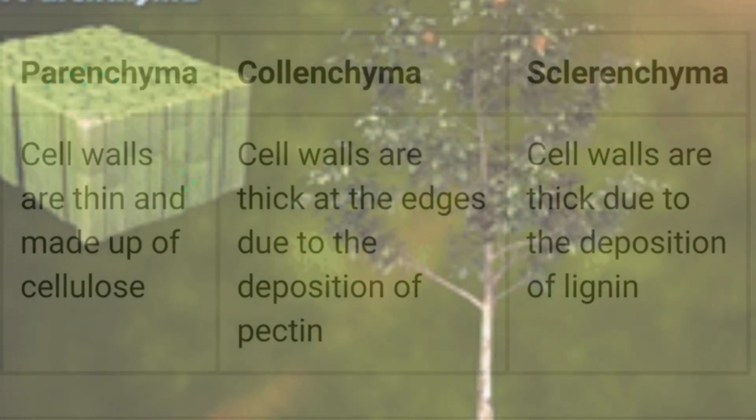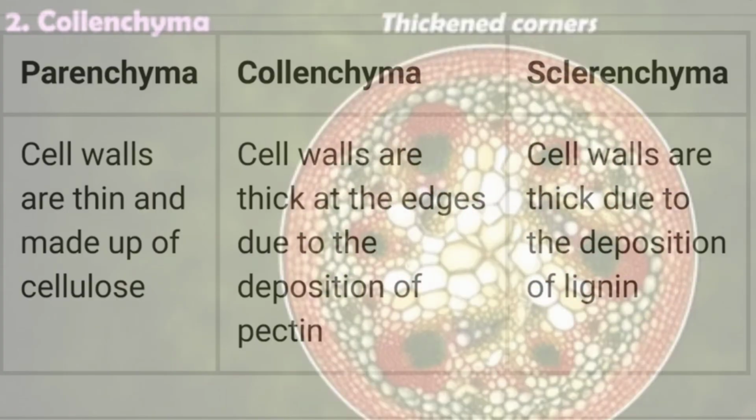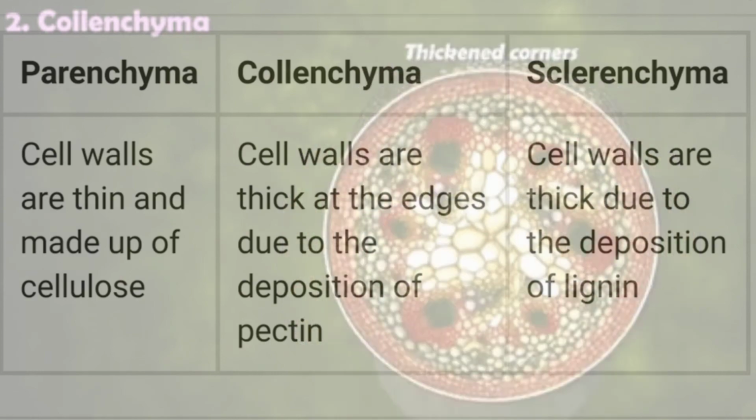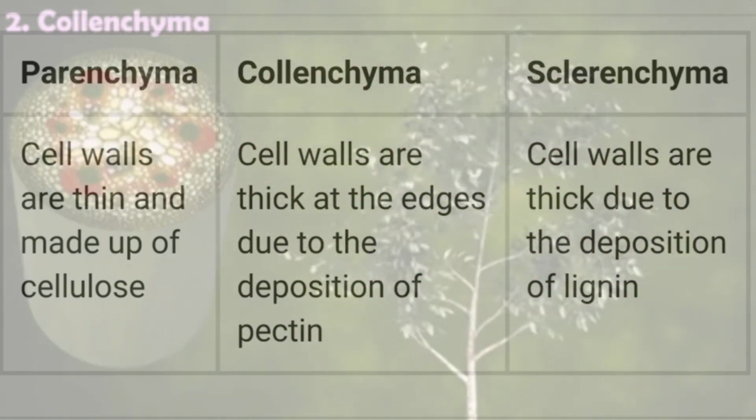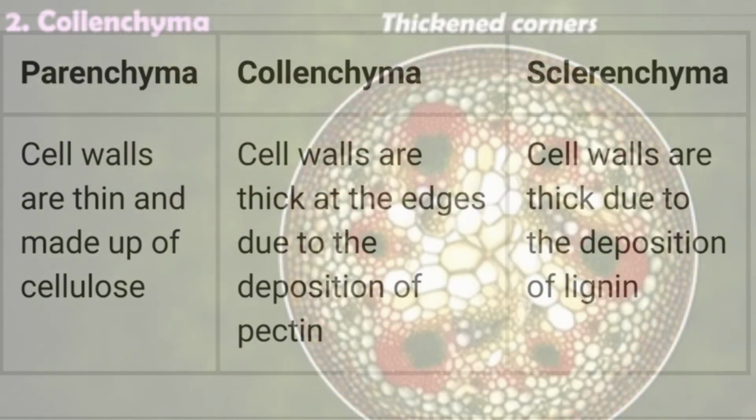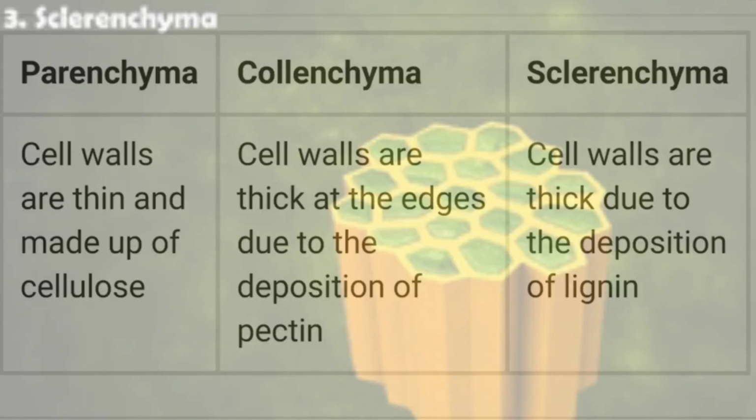So first, parenchyma: cell walls are thin and made up of cellulose, a complex material that is hard to be digested by animals. Collenchyma: cell walls are thick at the edges due to the deposition of pectin. And then sclerenchyma: cell walls are thick due to the deposition of lignin, which makes it hard and stiff.